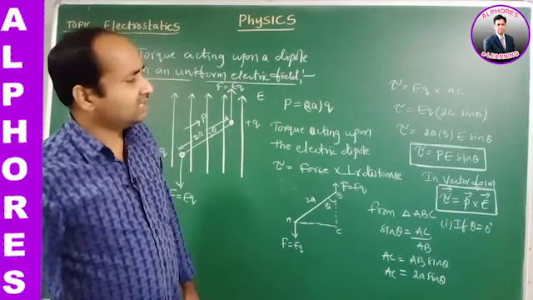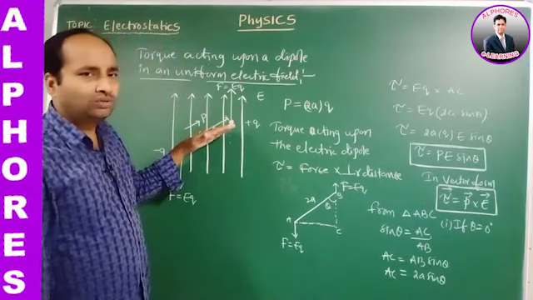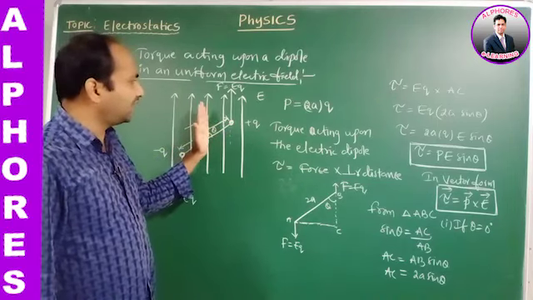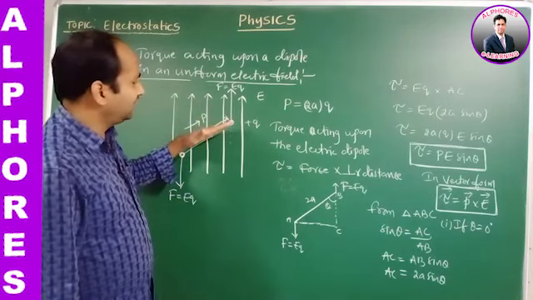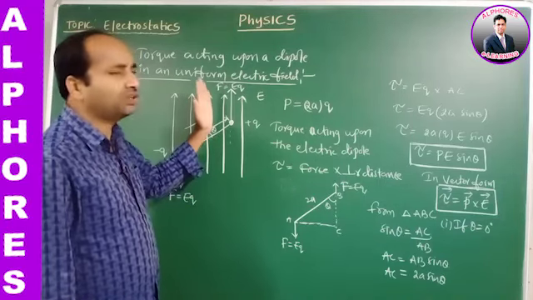What does theta 0 mean? It means the dipole is placed along the direction of the electric field, parallel to the field.